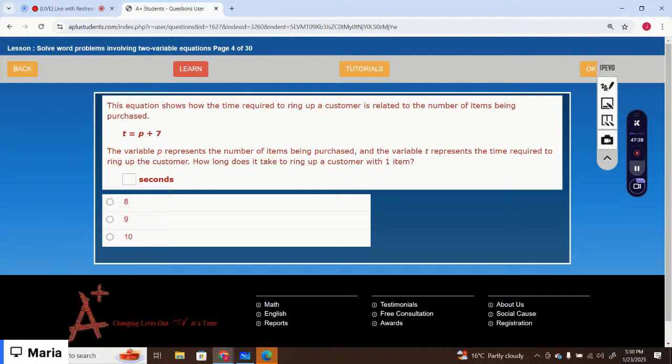Option number 1 is the correct option. 7 plus 1 makes 8. So, option number 1 is the correct option.